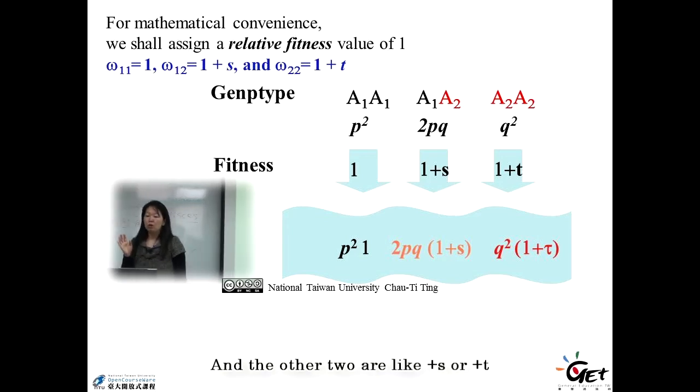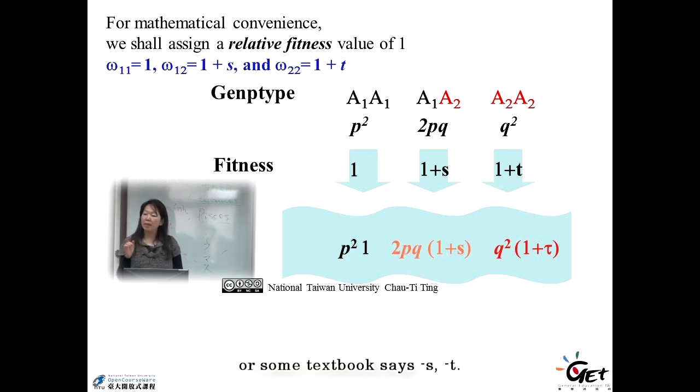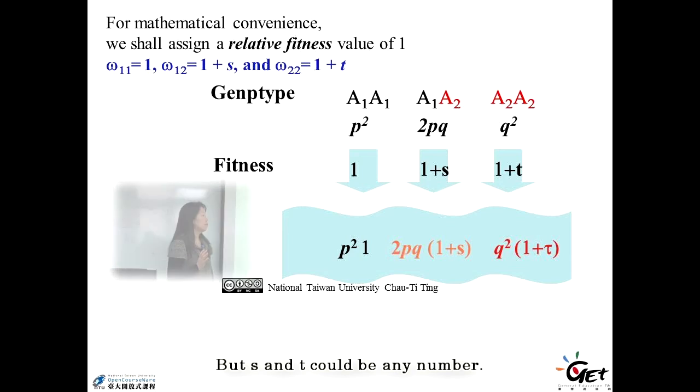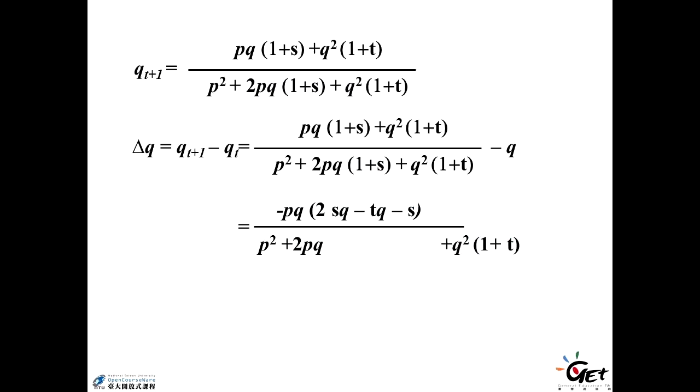The other two are 1 plus S and 1 plus T, or some textbooks say 1 minus S and 1 minus T, but S and T could be any number. Then you can do the same calculation to get the next generation frequency.